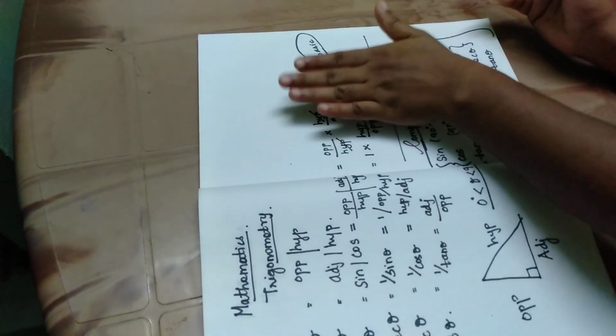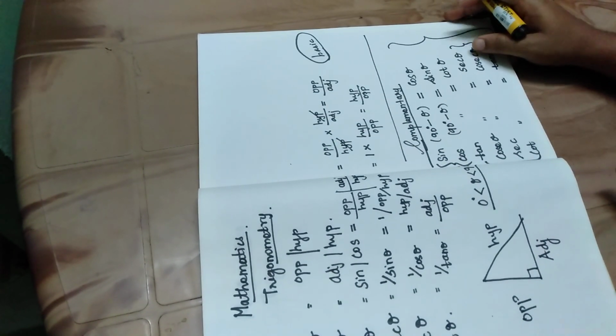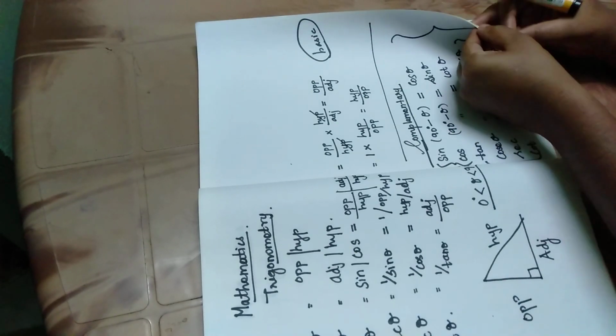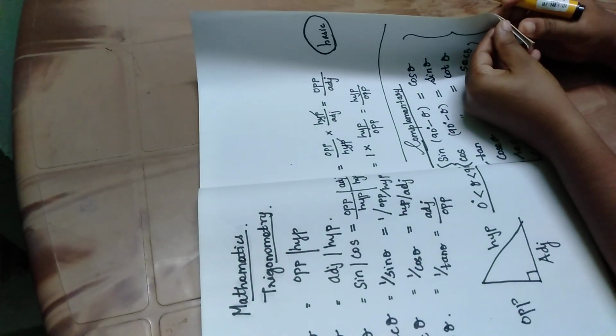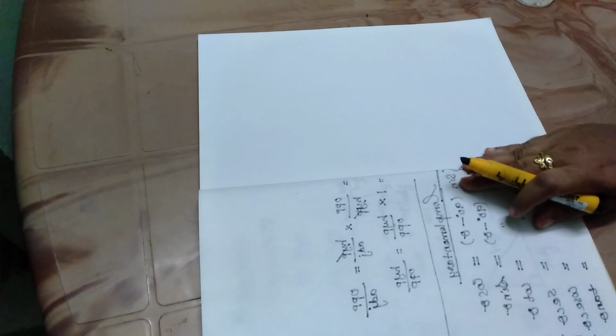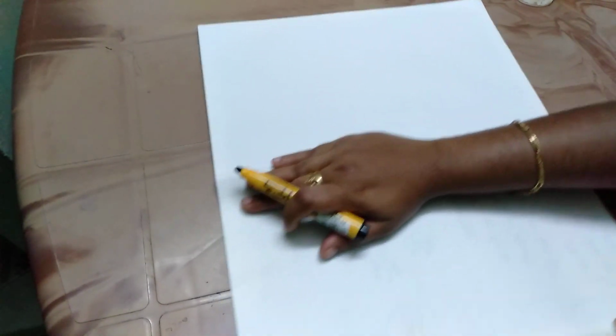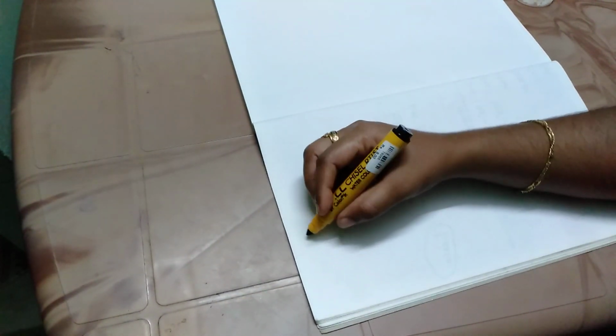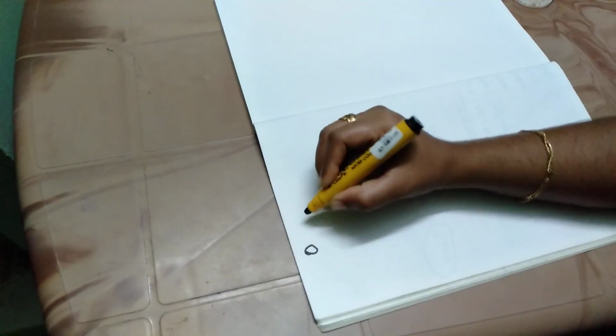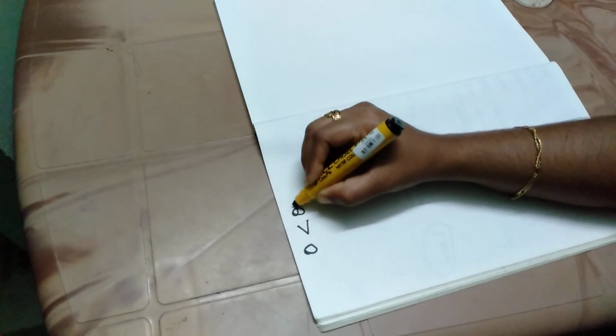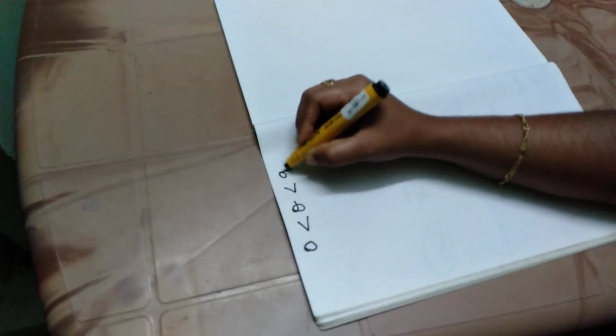Now since you all know trigonometry means there would be angle values, yes or no? So we know that the angle value is between 0 less than theta less than 90 degrees, isn't that ma'am?